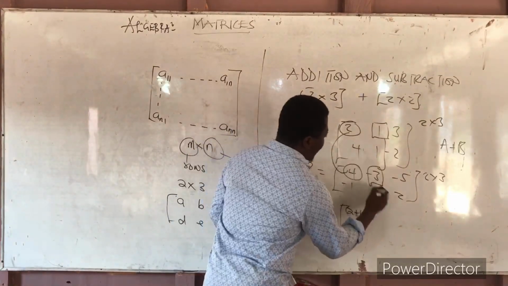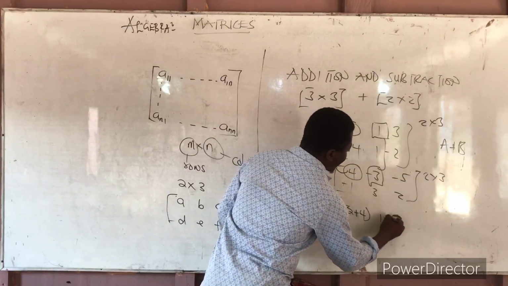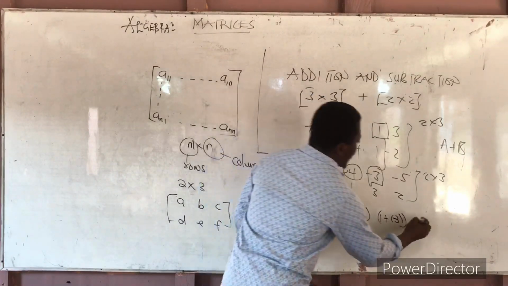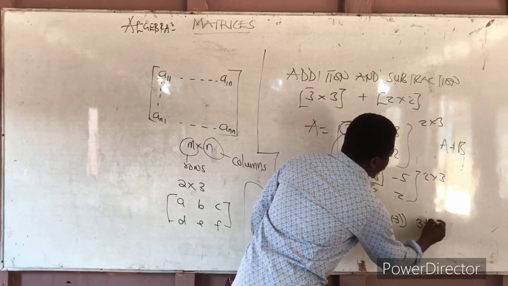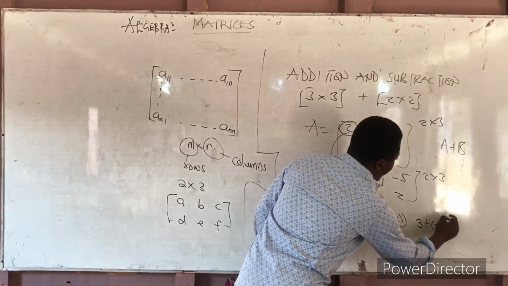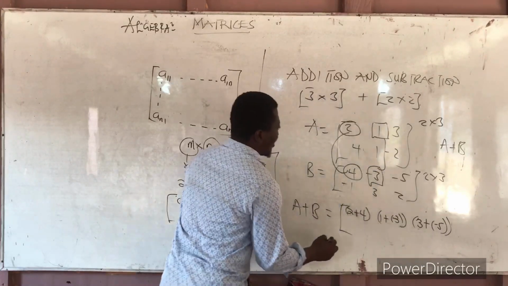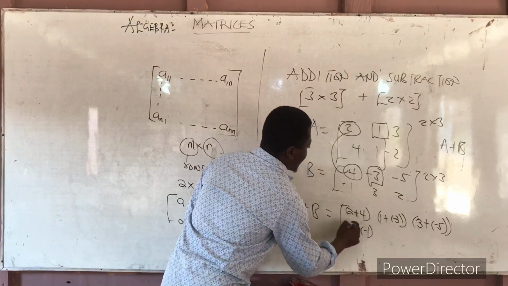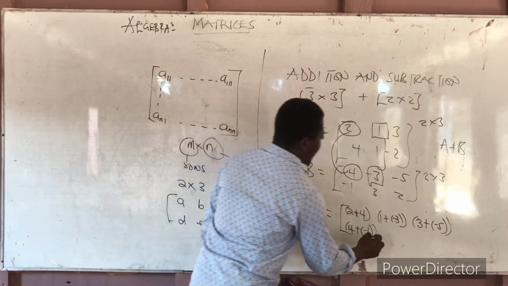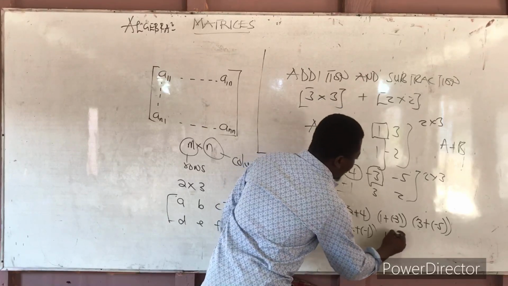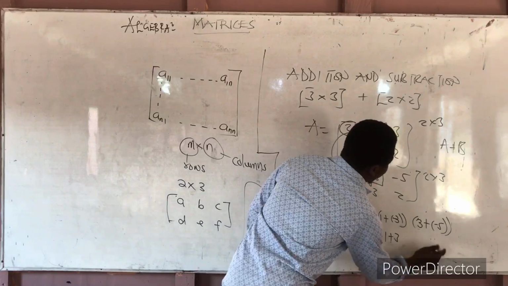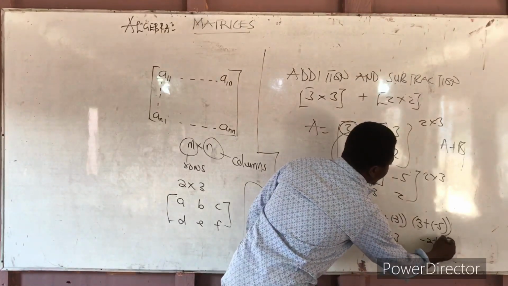Then 1 will be added to this, so you get 1 plus negative 3. 3 plus negative 5. Then 4 plus negative 1. Then you have 1 plus 3. Then you have negative 2 plus 2.